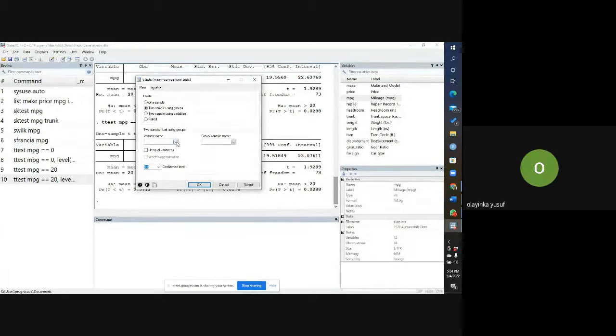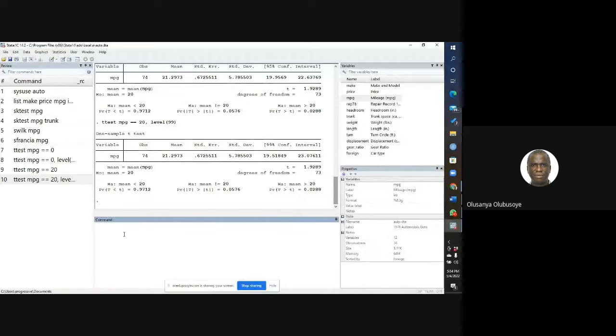So if we choose MPG here, then the grouping variable is foreign. The result we are going to get compares the population mean of MPG in the foreign with the population mean of MPG in the domestic. So if I run this, this is how to write it.